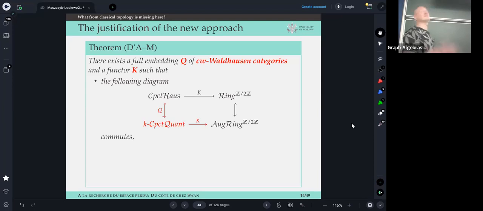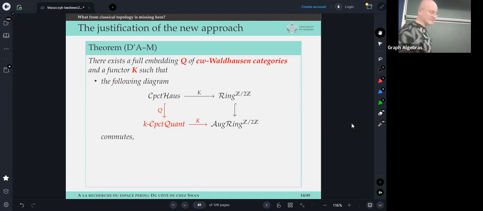So what do we have in this diagram? We have compact Hausdorff spaces, classical compact Hausdorff spaces. We have the functor of K theory taking values in the category of Z2-graded rings. These Z2-graded rings can be embedded into augmented Z2-graded rings. So these are black arrows.